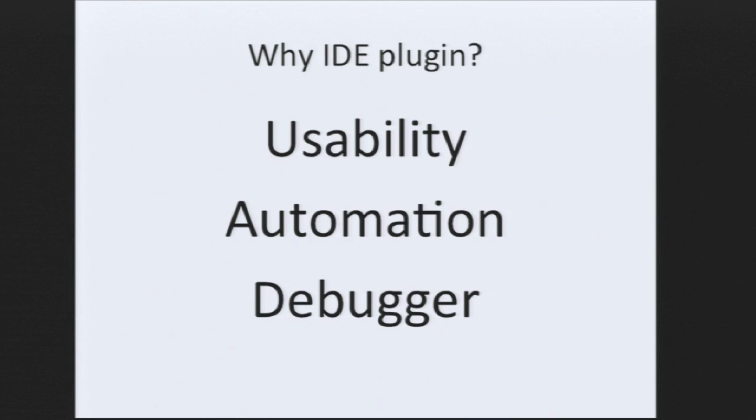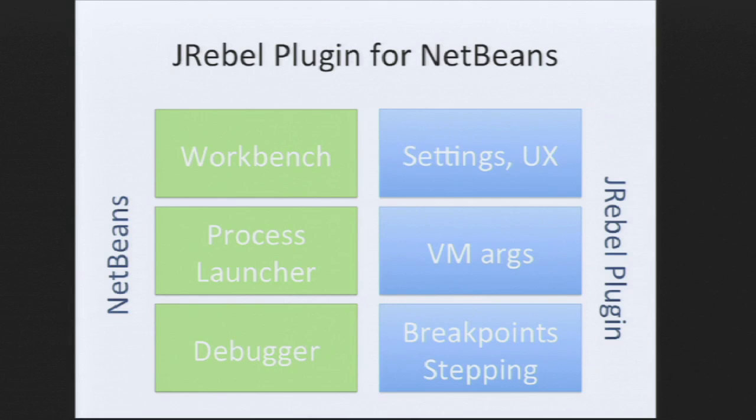So if we translate it to the NetBeans platform now, usability and settings and configurations on the right, those are applied to the workbench. So it's mostly about the components, the UI of NetBeans, and there is no problem at all for us. We can use the available components and be happy with that.